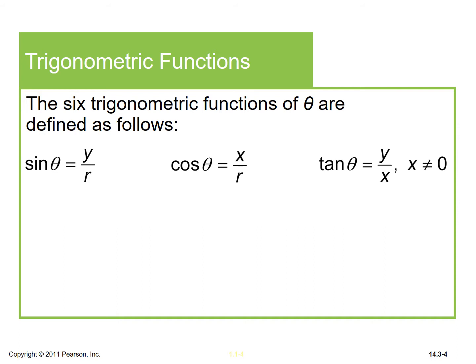Now, some of you may remember, and you may not have seen this, you may have, but I'm just going to talk about this. I always taught my geometry students the secret code word of trig was SOHCAHTOA.